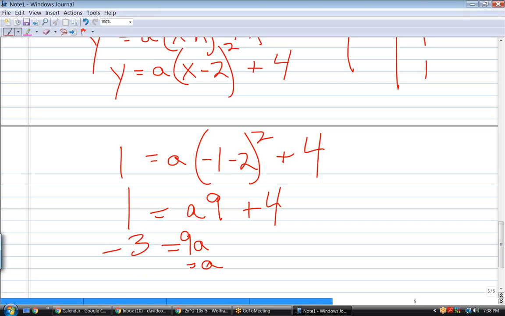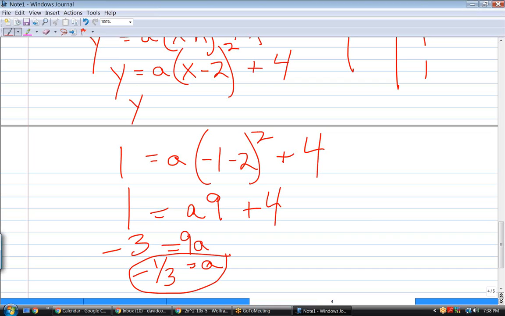A equals minus 1/3. Okay? Once we've solved for a, now we know what the equation of this parabola is. Our answer should have a y and an x in it. And it's going to be y equals minus 1/3 times x minus 2 squared plus 4. There's our answer.